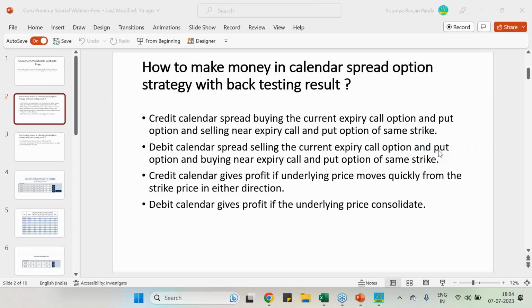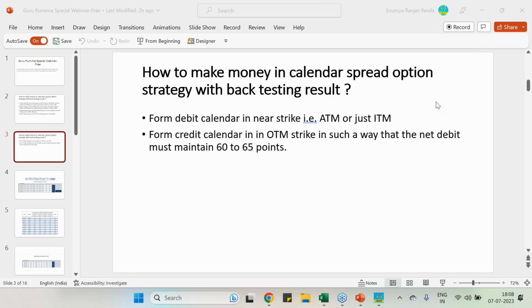A little bit of observation, and a little bit of concentration is needed. So to make money in this calendar spread option strategy, you require a little bit of concentration and a little bit of configuration: a 60 to 65 point spread, debit calendar in the near strike, credit calendar in the OTM strike, and in such a process the net should be 60 to 65 points in Nifty.